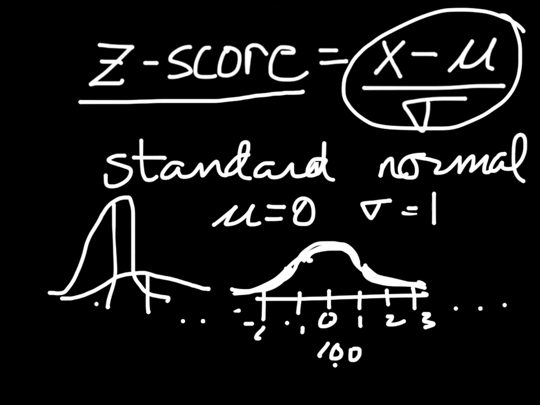And so instead of saying, oh, somebody who weighs 180 pounds is 20 pounds above the mean, in standard normal language, we're going to say they are 1.2 standard deviations above the mean. And that's what the z-score is, the 1.2 standard deviations. So it gives us a way to standardize everything and talk about that. Okay?